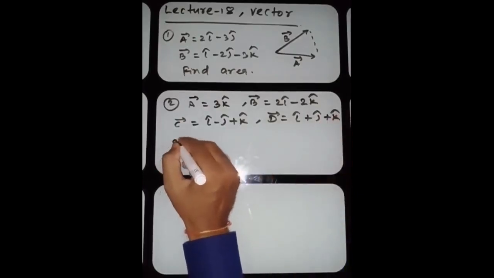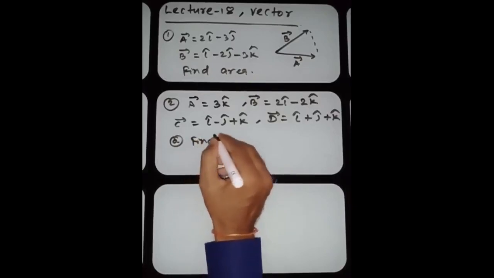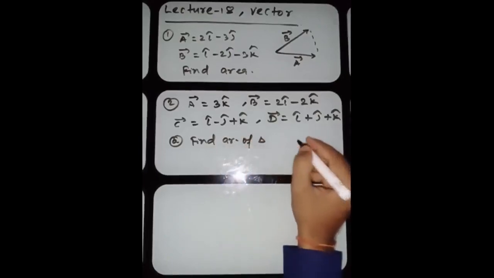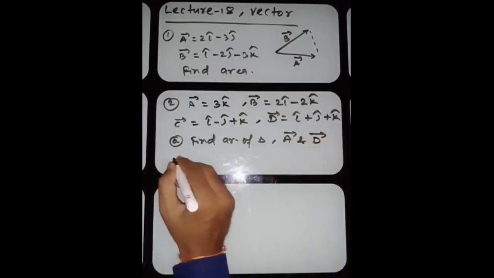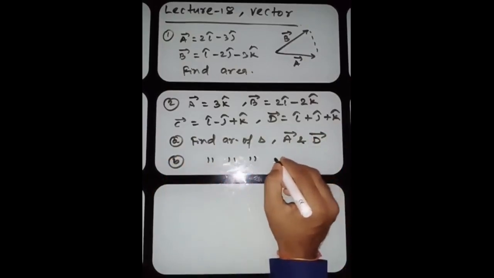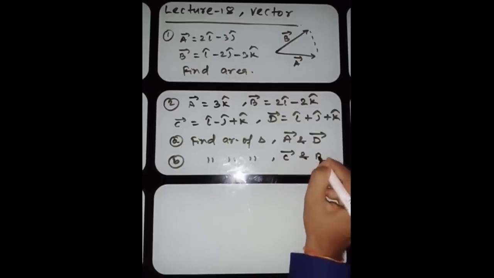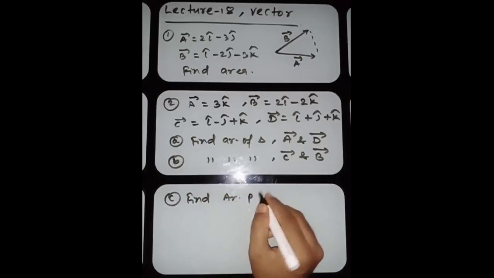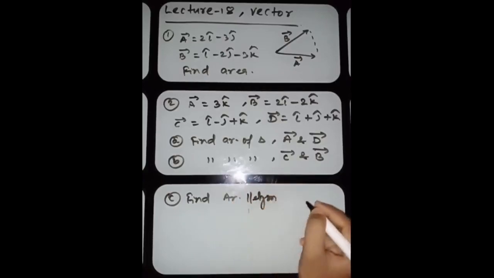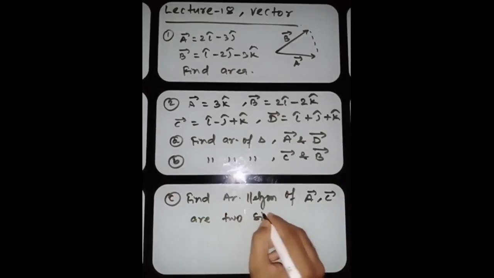Now in this second question, part A, find the area of the triangle made by vectors A and D. Part B, find the area of the triangle made by vectors C and B. In C, find the area of the parallelogram if A and C are two sides.